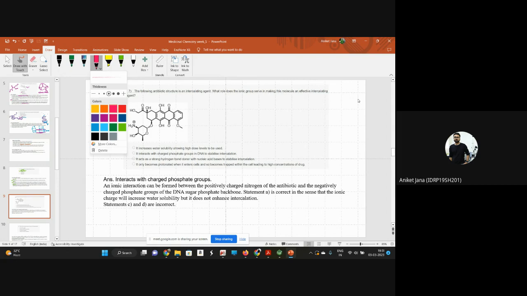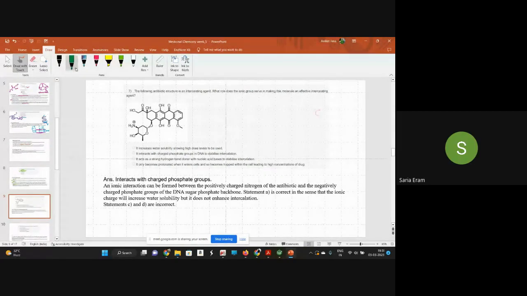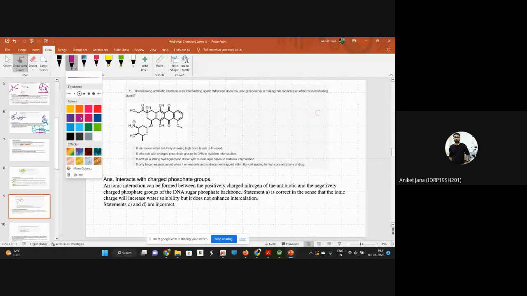They interact with nitrogenous bases within the DNA molecule. Yes, basically it interacts with the DNA molecule directly, right?